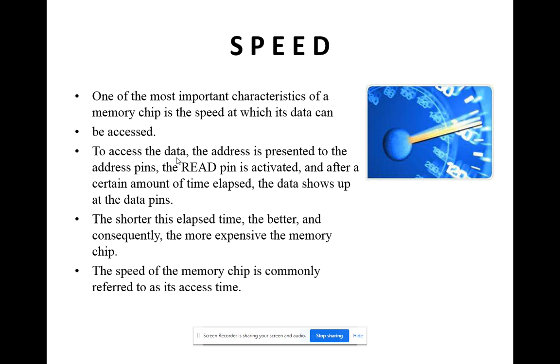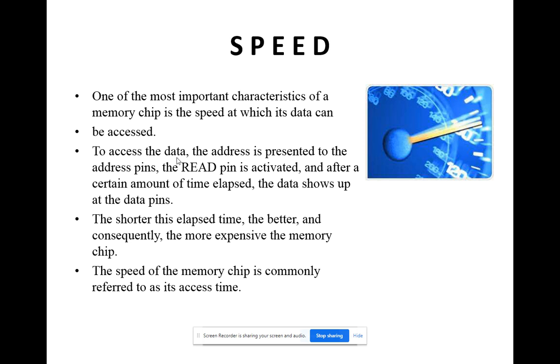Okay, to access the data, the address is presented to the address pin. The read pin is activated after a certain amount of time has elapsed. The data then appears at the data pin. So to read or access the data, you have to activate the read pin, and then you can get the data from the memory device. Right now you will be sending data to the memory device.